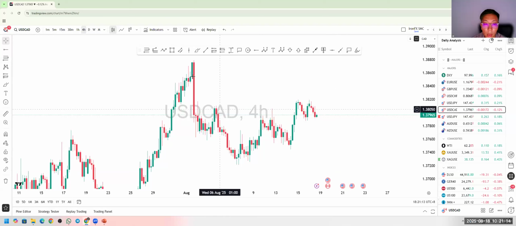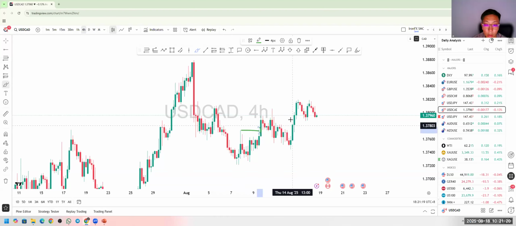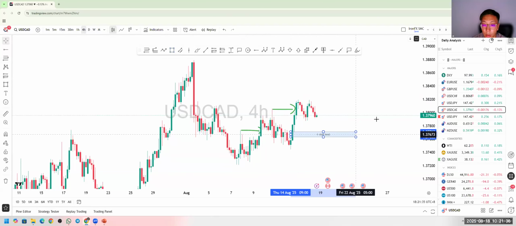I think USD CAD will be fine because I see we have a change of character right here. We have a break of structure right here. So technically, change of character, break of structure, all right, then I will enter.